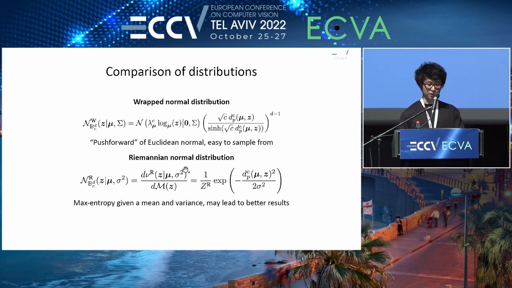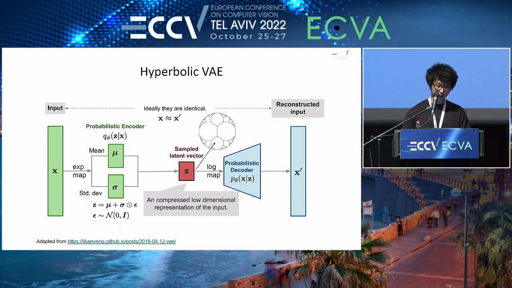There is a paper that shows that perhaps this will lead to better results. It has a very simple form, but it turns out that it's much harder to reparameterize and sample from. It requires, for example, maybe rejection sampling, whereas sampling for the wrapped normal is very easy.